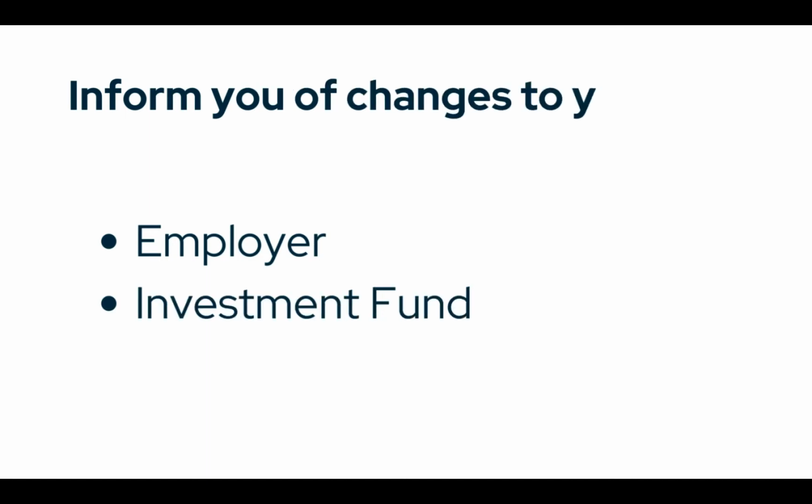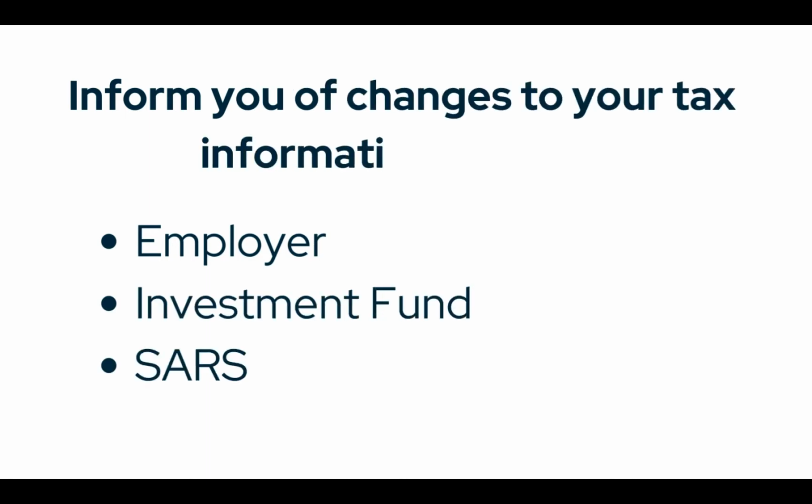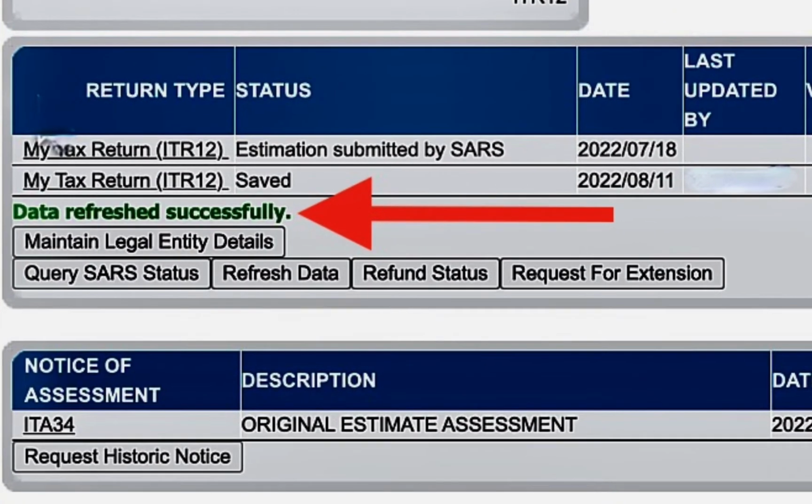In another scenario, you could be informed by your employer or investment fund that there has been a change to your IRP5 certificates from their end, which will require you to refresh your ITR12 return. And lastly, SARS might inform you of an update of your information. Without delaying any further, let me show you in this real-life practical example the effects of refreshing an ITR12 individual tax return.